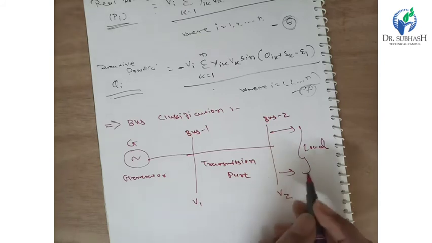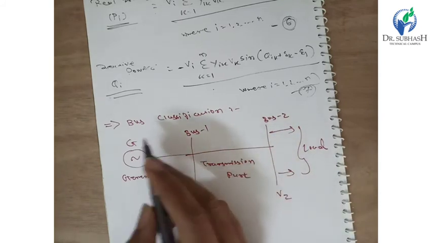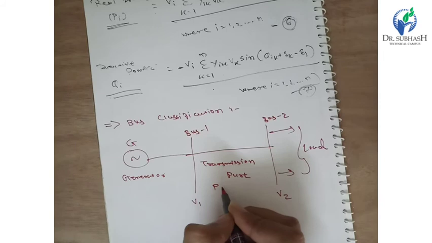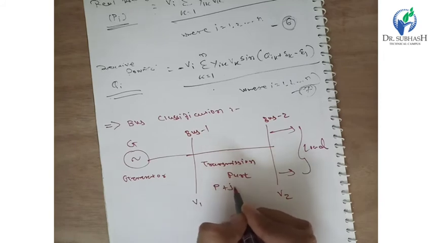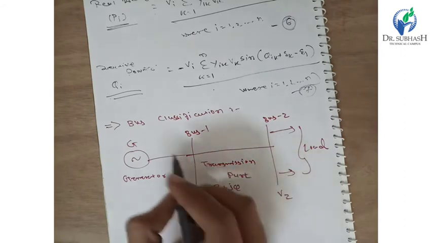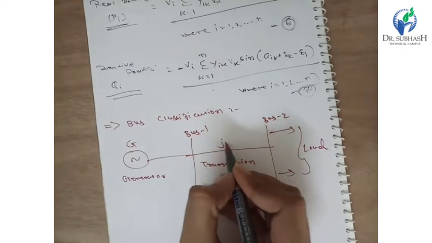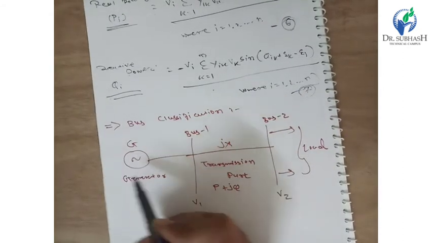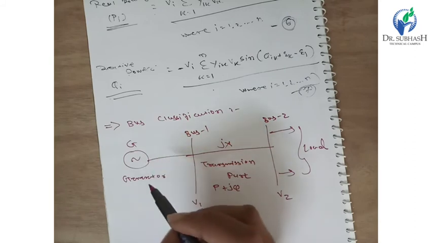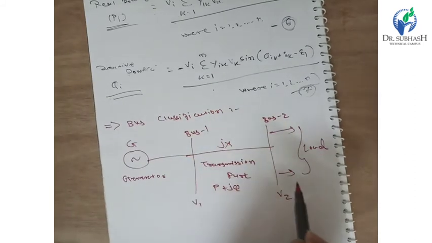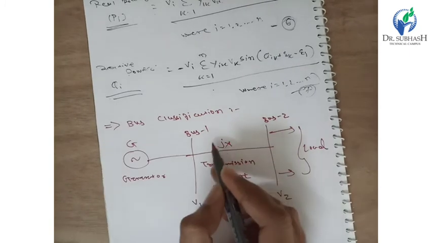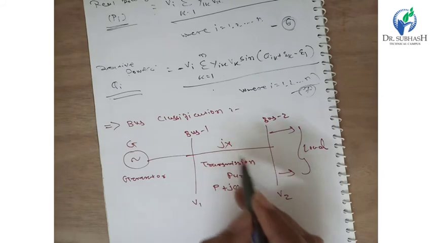We should consider that in the transmission line both reactive and active power are included, so we write it in the form P plus jQ. The common form of impedance is R plus jX. Bus 1 is a generator bus, so we take it in generator form. Bus 2 is a load bus, and bus 1 and bus 2 are connected through the transmission line with reactance jX.